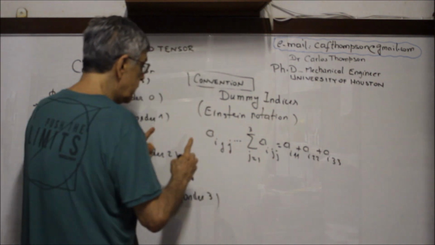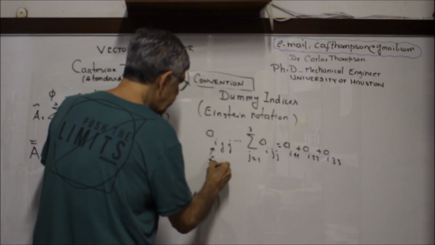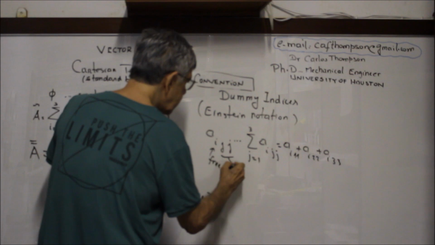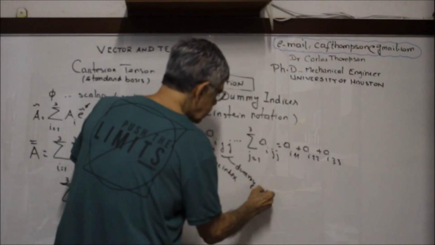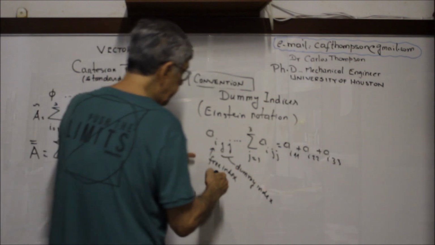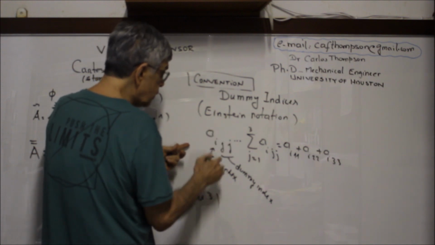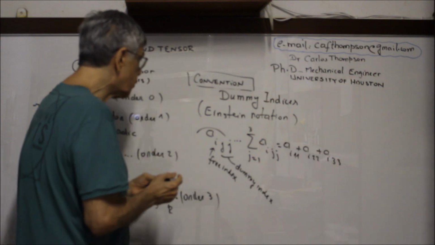Why is j a dummy? i is a free index. j is a dummy index. i is free. Here I have only one free index, so this quantity is called a vector.